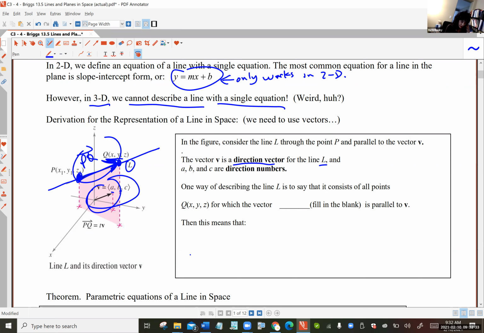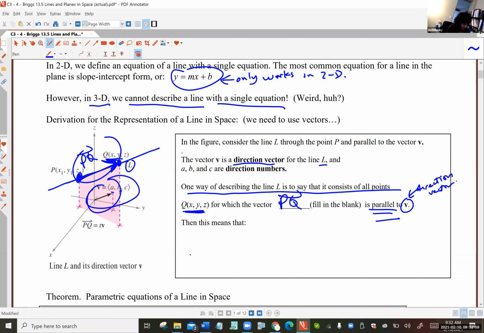Okay, so that's going to be a key. So one way of describing L is to say that it consists of all the points that would be some arbitrary point Q, X, Y, Z, for which the vector PQ is parallel to the direction vector V. In English, that's what we're saying.